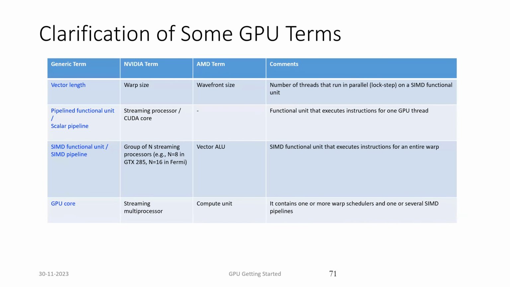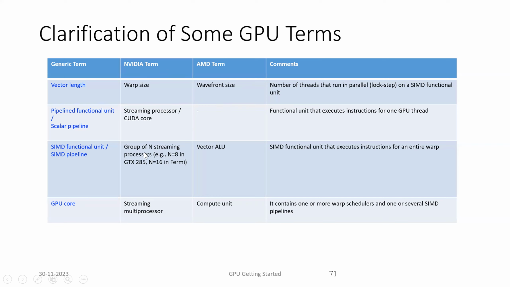So this is the last slide. The terms used with respect to GPUs are different based on the vendor. For NVIDIA, we use terms like warp, and for AMD, it is wavefront. In NVIDIA, there is the streaming processor, and we don't have any counterpart with AMD.